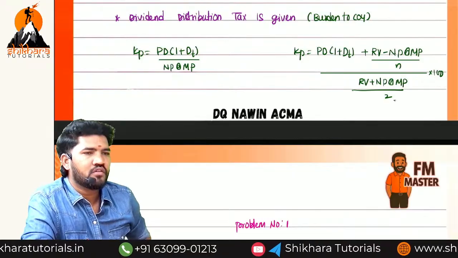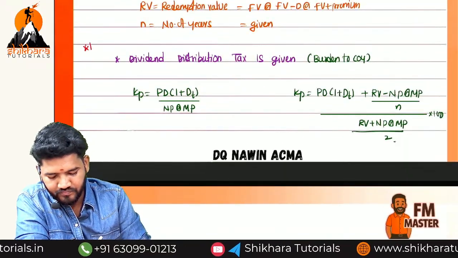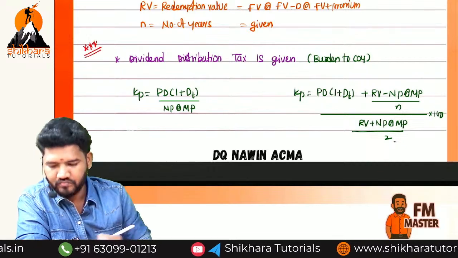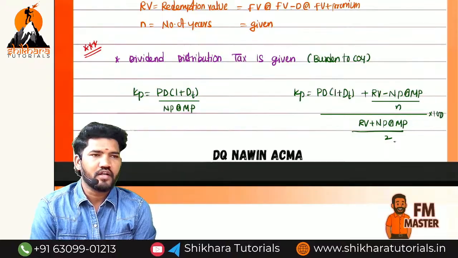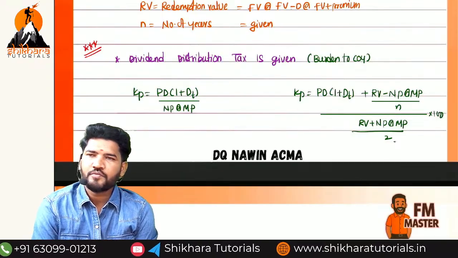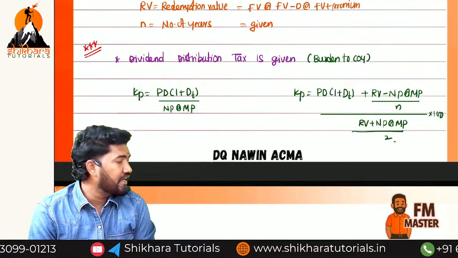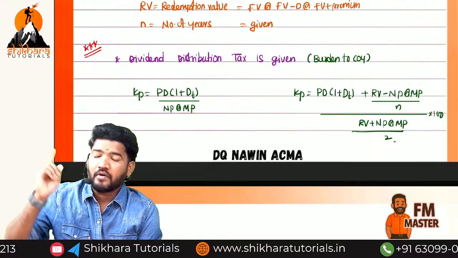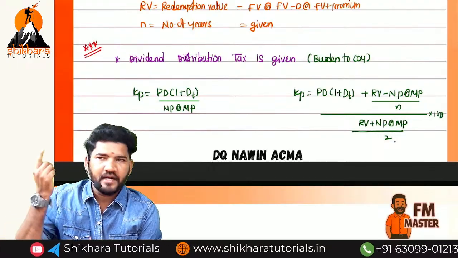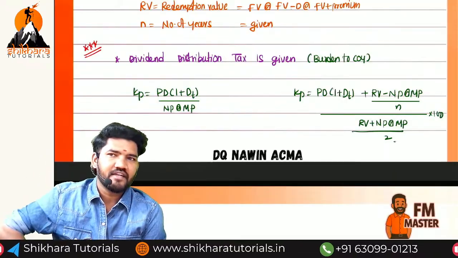Guys, clear? So this is very, very important for MCQ. Clear? If there is no dividend distribution tax, there is no concept of tax in preference share capital. If they mention clearly, here tax rates are 3 types: company tax rate, dividend distribution tax rate, personal tax rate.